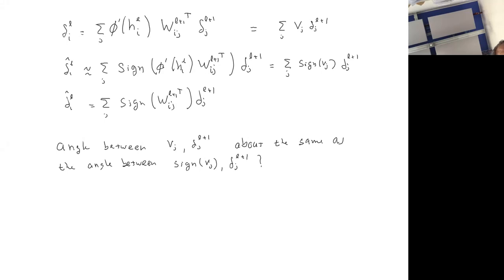The cosine of the angle between the absolute value or sign term is the sum on J of sign Vj delta J L plus 1, divided by, I have the feeling I'm doing something wrong.